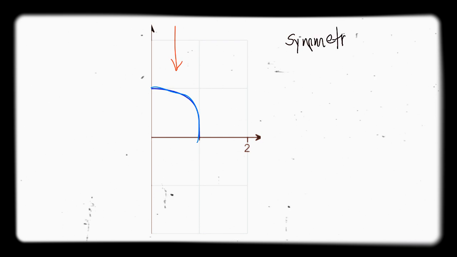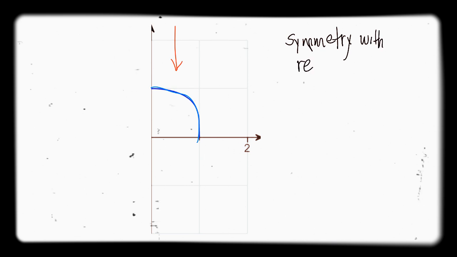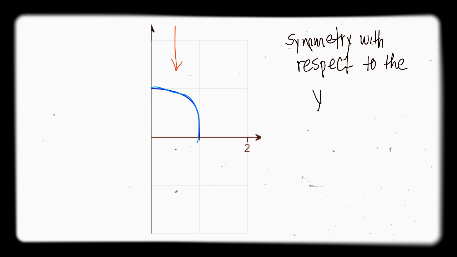So this graph has symmetry with respect to the y-axis, and it's an even function. So this graph is even, an even function.